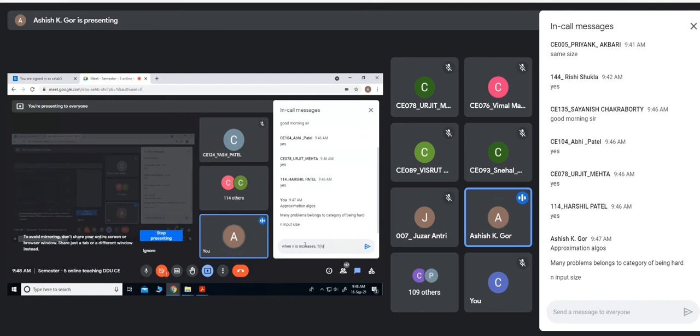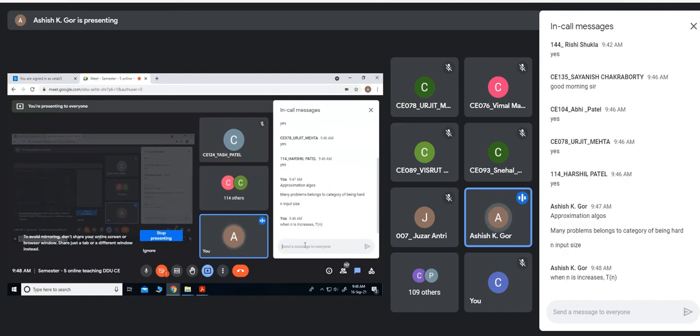If this T of n is significantly higher when n increases very high, the program takes too much time, and that is not very efficient. So efficiency decreases. Those types of problems, informally, we would treat as hard problems.